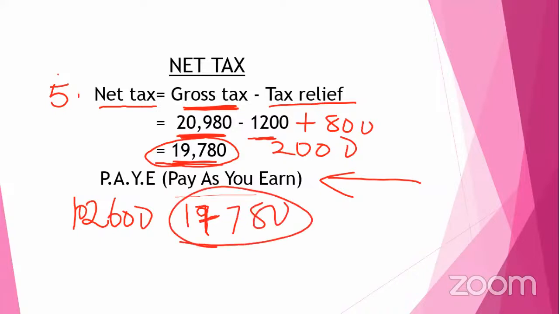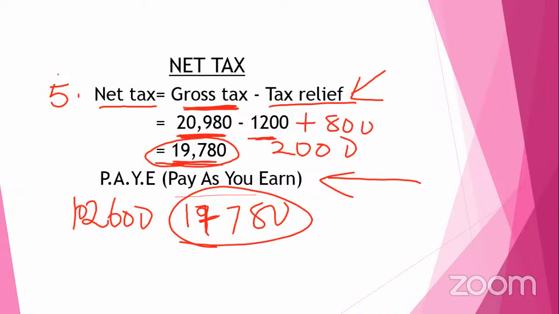So the more the reliefs, the less the tax. If you increase the number of reliefs, you pay less tax. If there are no reliefs, you pay more tax. Hence, the name relief is to reduce your responsibility of paying tax.